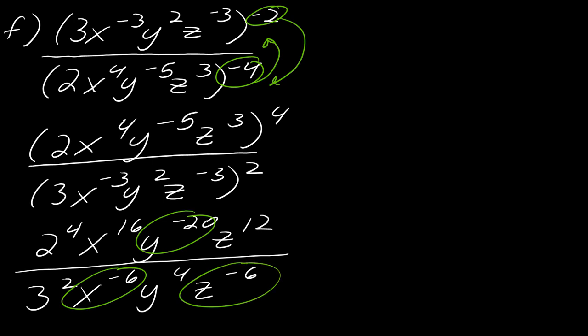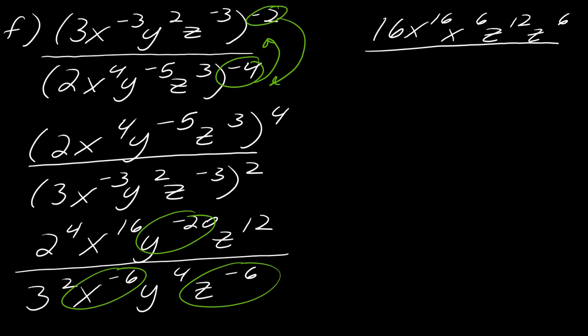And we'll also go ahead and evaluate what is 2 to the 4th, it's 16. Then I've got x to the 16th, and I'll bring that x to the 6 up. I've got that z to the 12th, and then I'm bringing that other z to the 6 up. And then in the bottom, this is 9, y to the 4th, and y to the 20th.